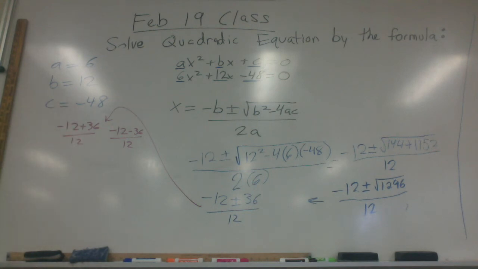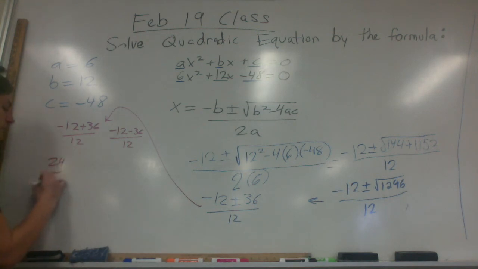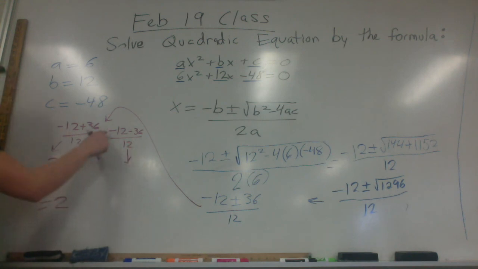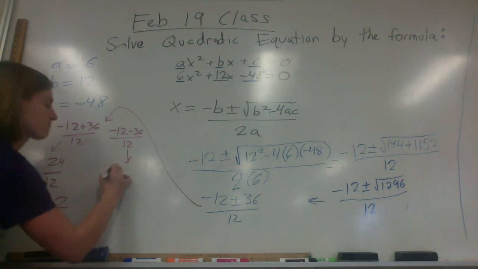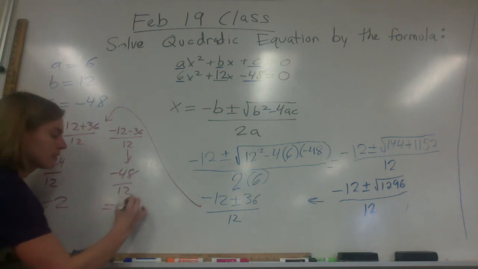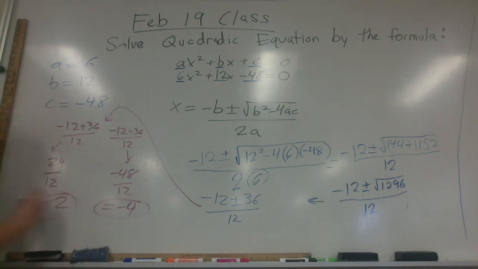So I'm $12 in debt, then I find $36. Then you have 24. 24 divided by 12 is 2. So one of the answers is 2. Then if I do negative 12 minus 36, negative 48, divided by 12, negative 4. So there are my two answers.